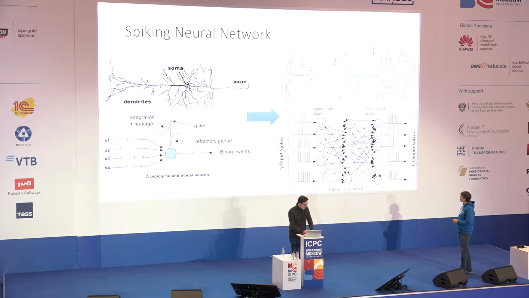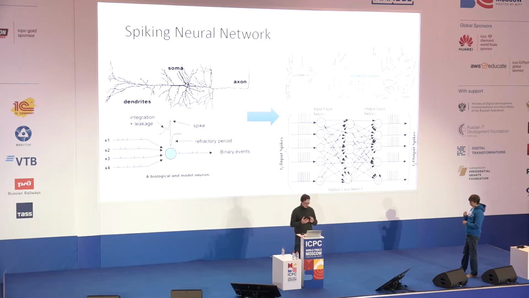Okay, and now we have a model of a neuron. This model is not the most complex model in the neuroscience community, but it's rather complex. And we can now make a network, a directed graph, where the nodes will be these models, and we can start to simulate it and solve some practical tasks.